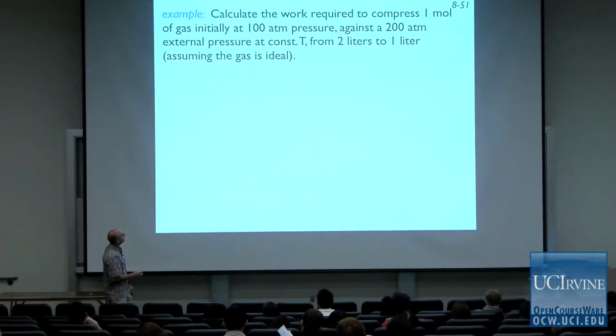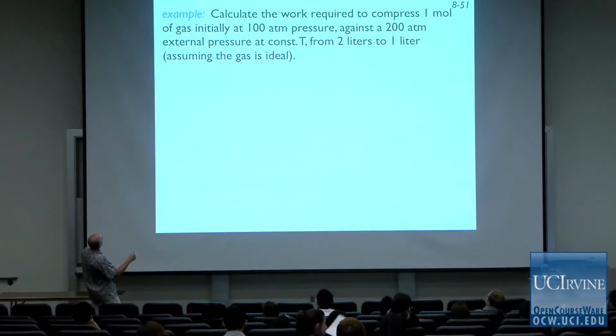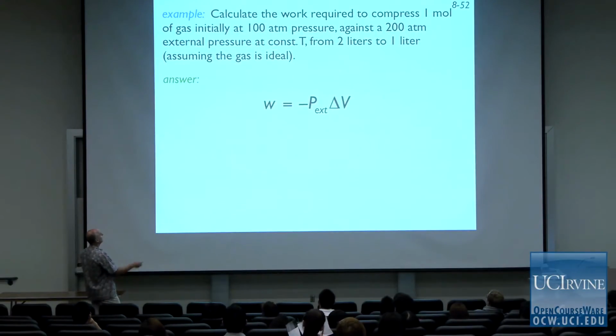Okay, so we can use this equation. We can plug and chug. Let's do that. Calculate the work required to compress 1 mole of gas initially at 100 atm pressure against a 200 atm external pressure at constant temperature from 2 liters to 1 liter, assuming the gas is ideal.